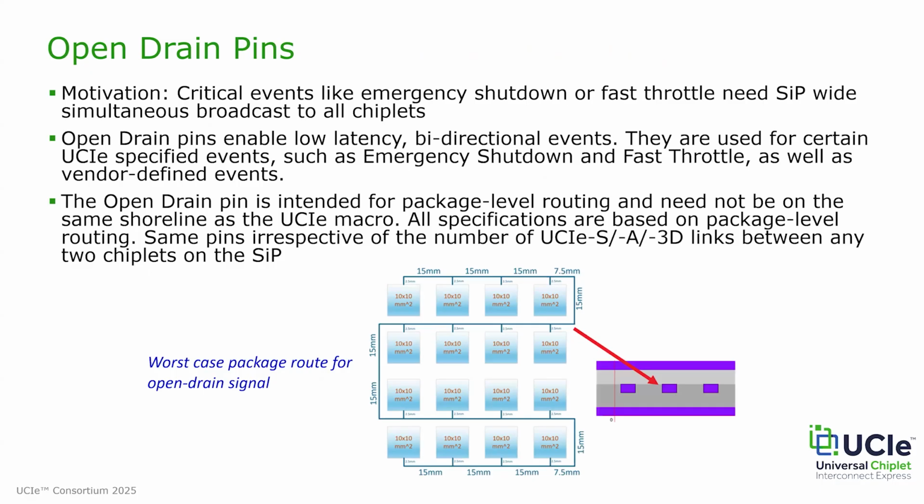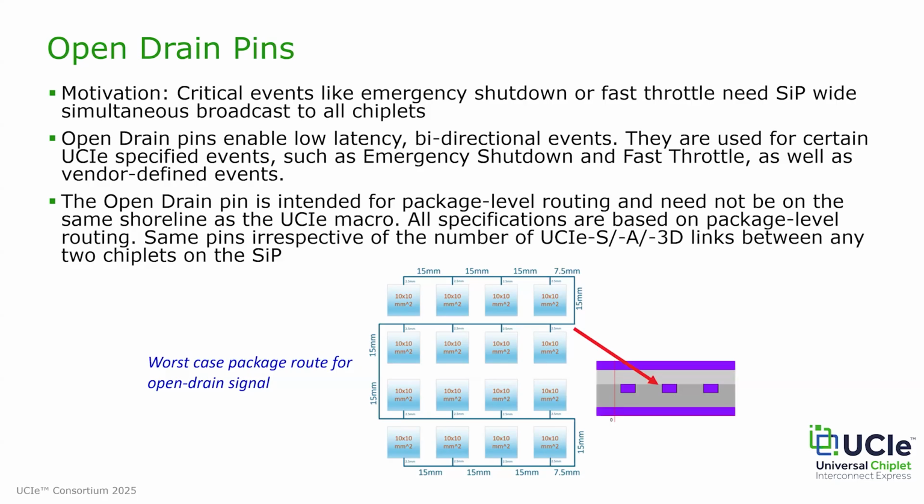Things like I need to shut down something in an emergency, or I need to do a fast throttle because there is a thermal emergency going on, right? So this is like almost instant notification that you need. And these are unplanned critical events, so they require SIP-wide simultaneous broadcast to all the chiplets. So with 3.0, we introduced open drain pins for low latency bidirectional events for these kinds of emergency things.